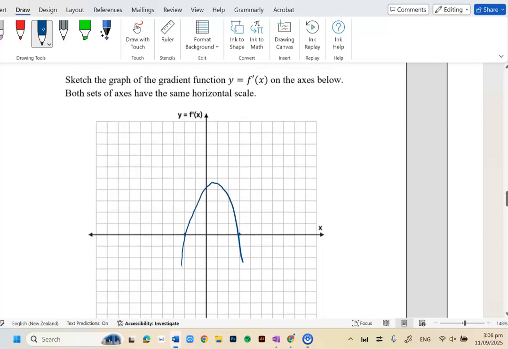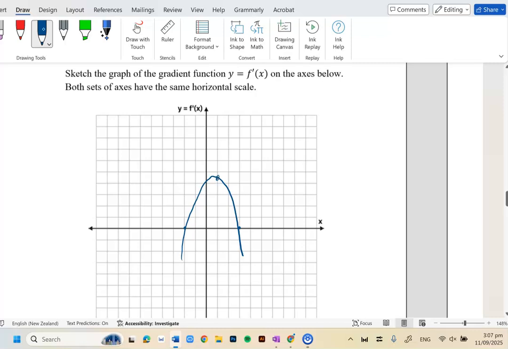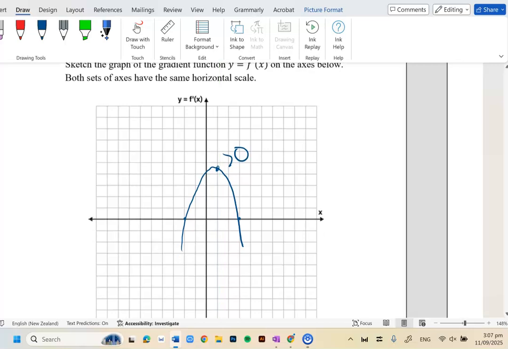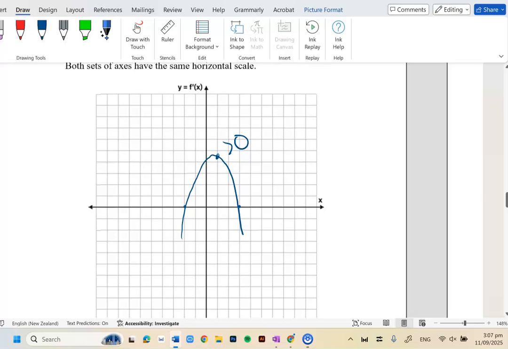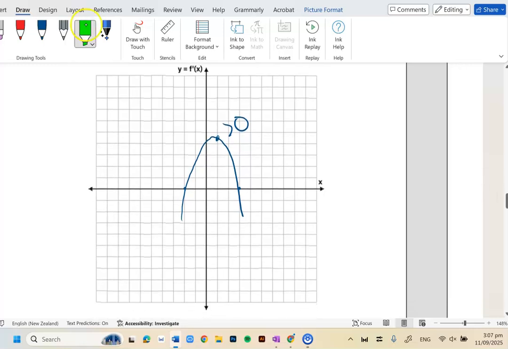Just make sure that the turning point here is more than 0, so you're not having your turning point at 0. Okay, like this. So if you have a negative parabola with the correct x-intercepts, so these line up and this is above 0, you would get an achieved.